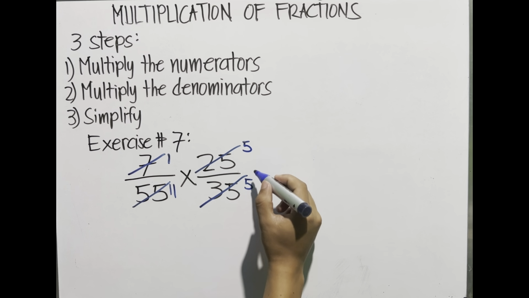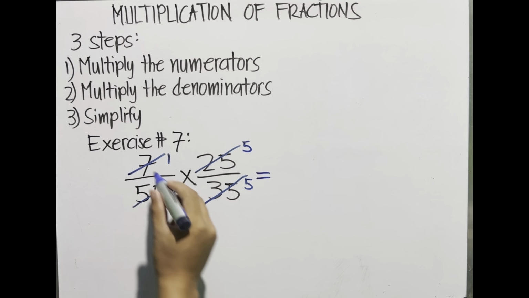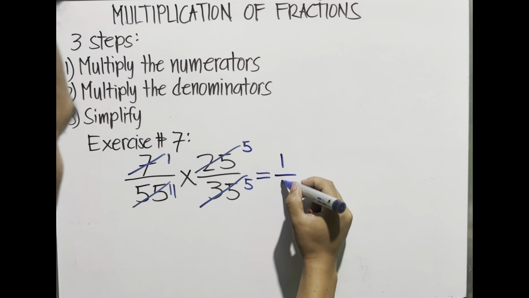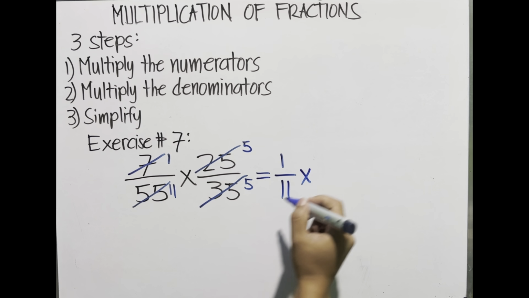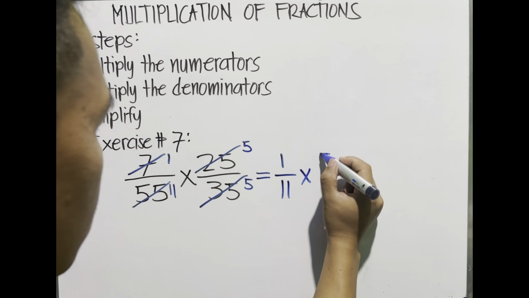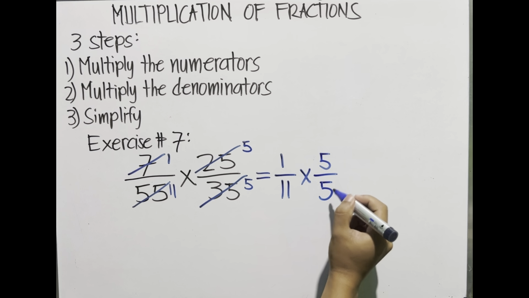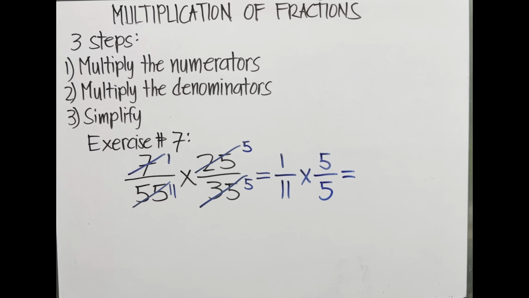Para hindi tayo malito, i-rewrite lang natin. Kunin natin yung 1 ang natira, diba? Over yung 11. Times 5 over 5. 5 din yung natira. So, ayun na lang ang natira.